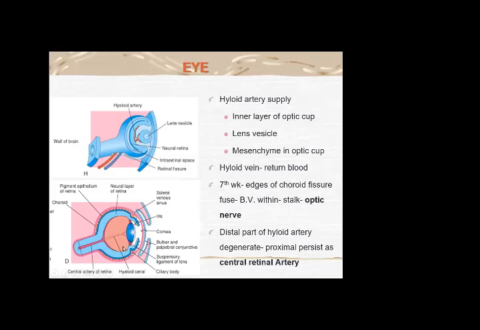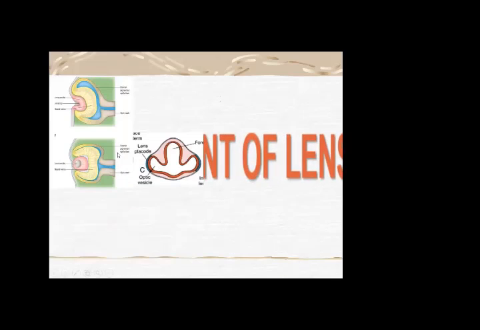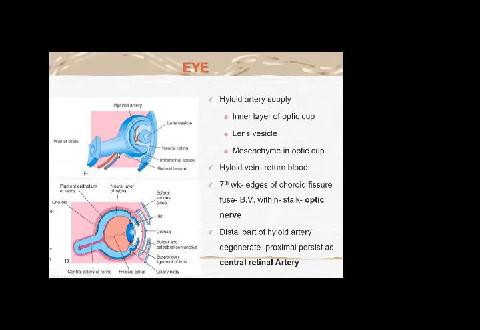However, this part which is lying inside the optic stalk, entering from the choroid fissure, ये part, which is trapped inside the optic stalk, persist करता है and develops into the central artery of the retina, which you know is a branch of the ophthalmic artery.